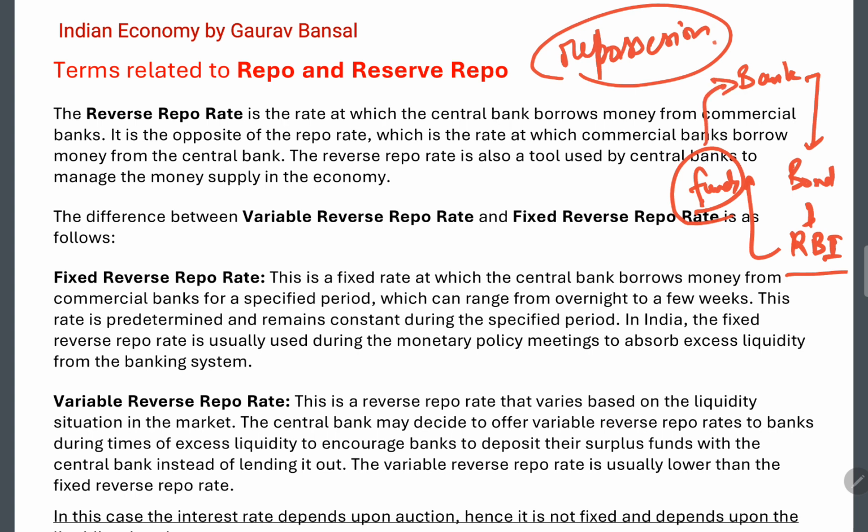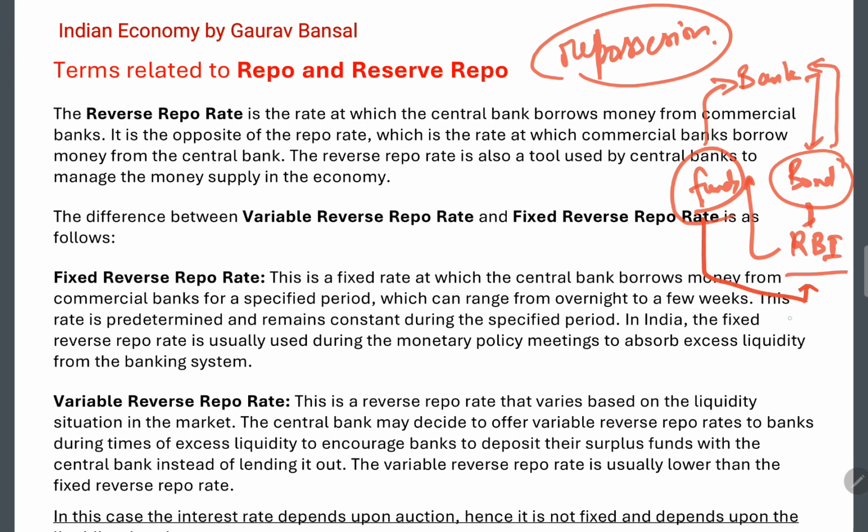This is the first step. Since such a financial transaction is called repossession, the bank will repurchase the bond. This bond will go back to the bank and the bank will pay the funds back to RBI. But when it pays back the funds, it will pay that money back with some interest, and that interest is basically the repo rate.